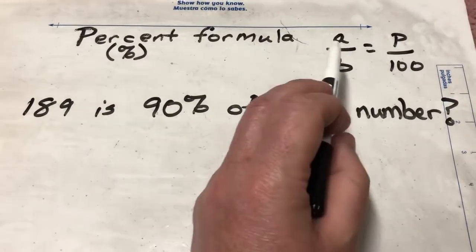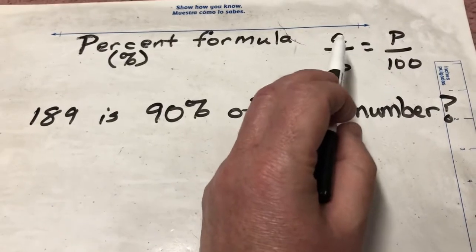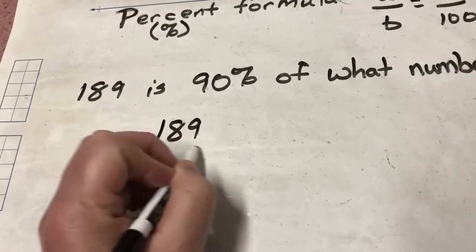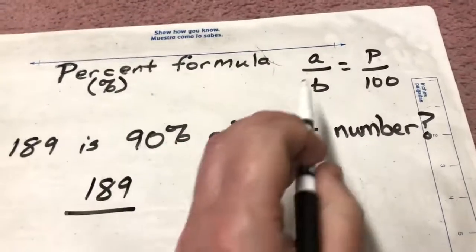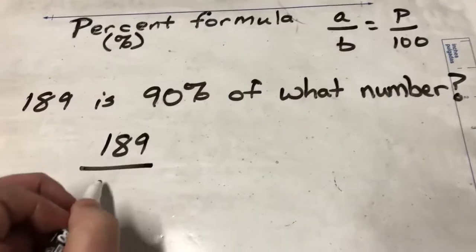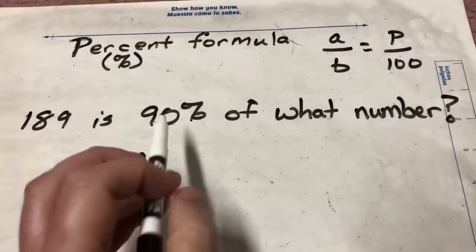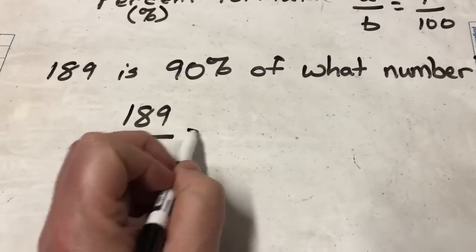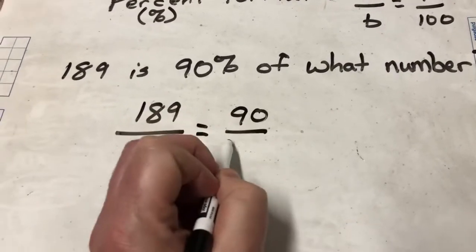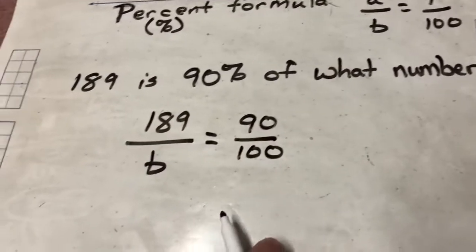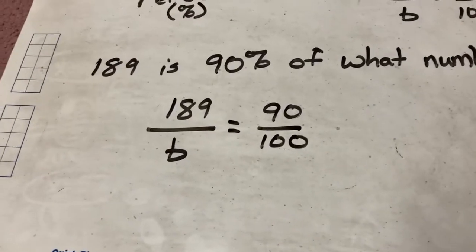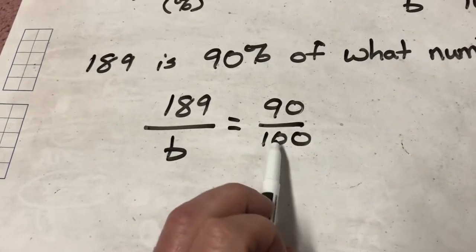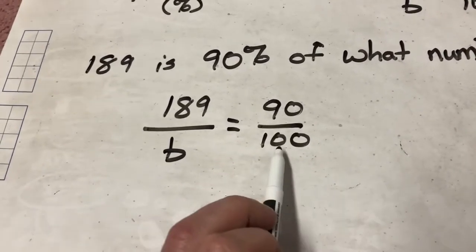It looks like I know A, my part of the group. That's 189. What I don't know is what the entire group is. So it's 189 over B, and 90 is my P, so that's going to equal 90 over 100. Even if I'm going to use a calculator, when I get something like this, I'm going to simplify 90 over 100.